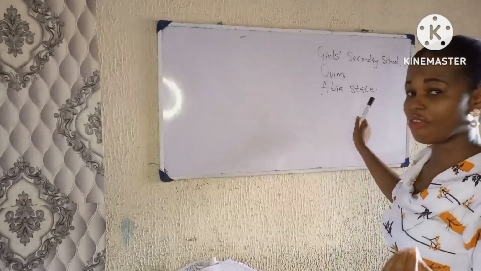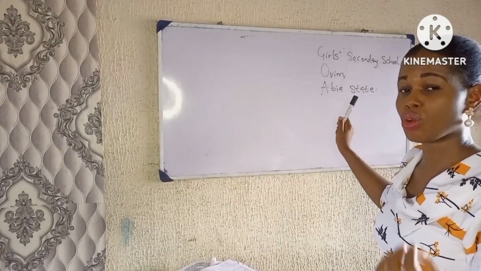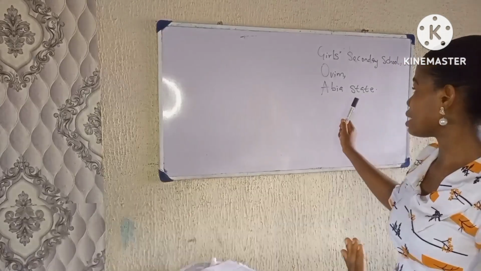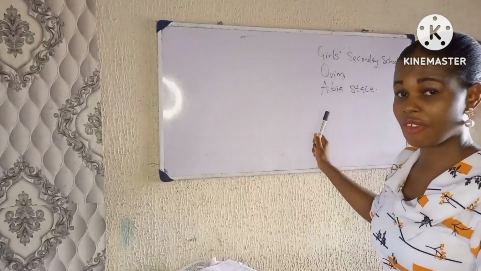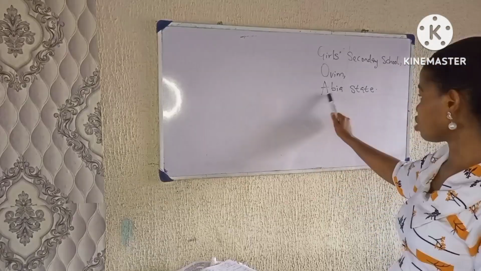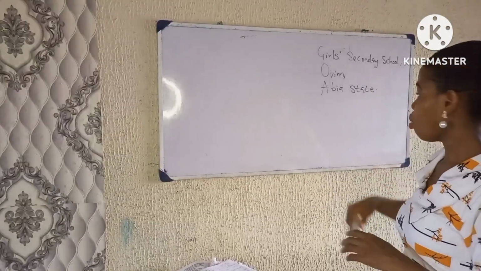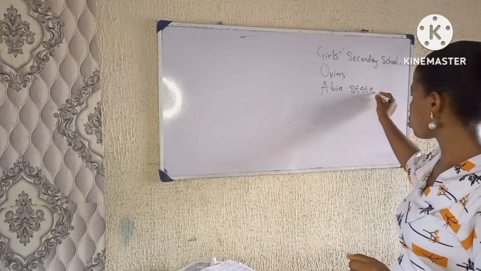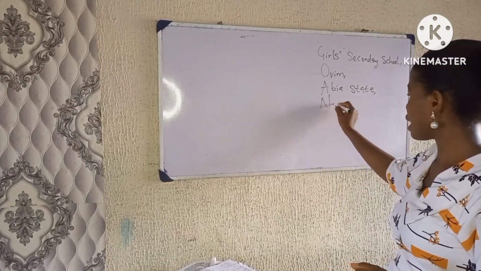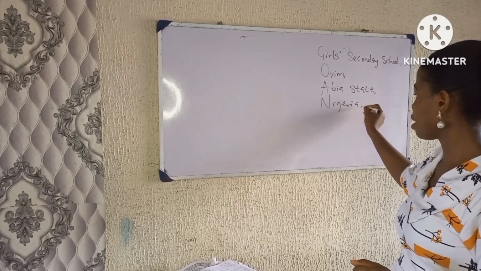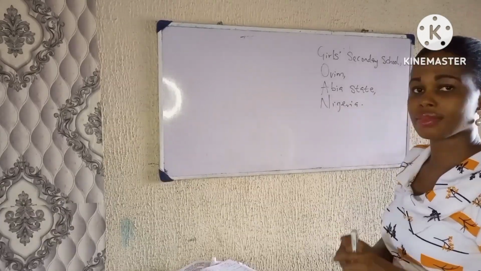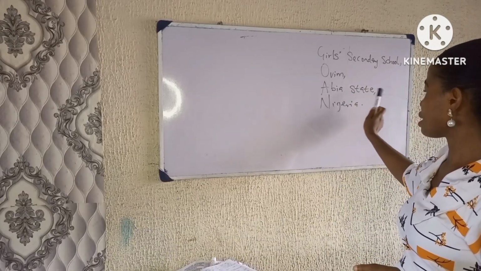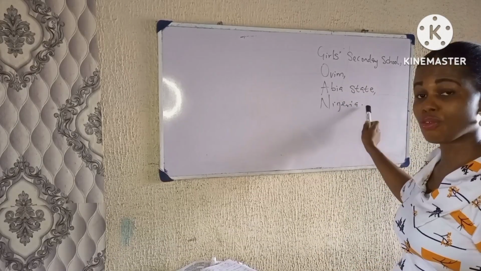Now, if I'm to write to someone who is in a different state, I'm a Nigerian, and I'm to write to someone who is in, let's say, Rivers State, my address will end in Abia State. But since I'm writing to someone who is living abroad, my address should end in Nigeria. Girls Secondary School, comma, Ovim, Abia State, comma, Nigeria, full stop.